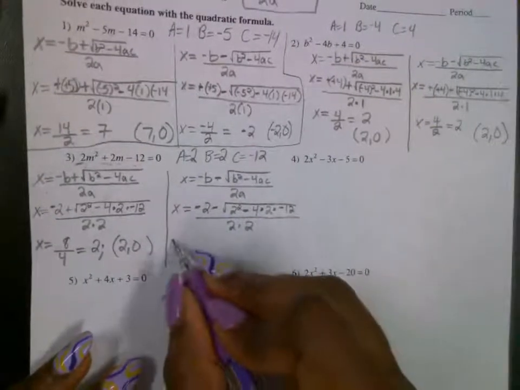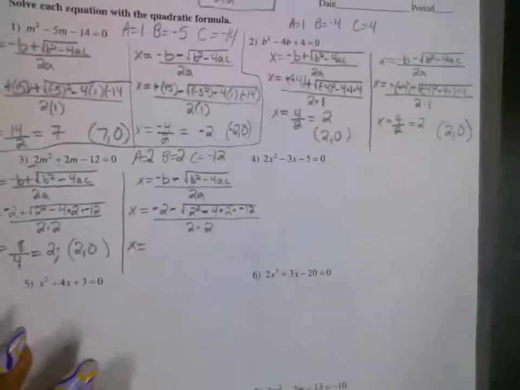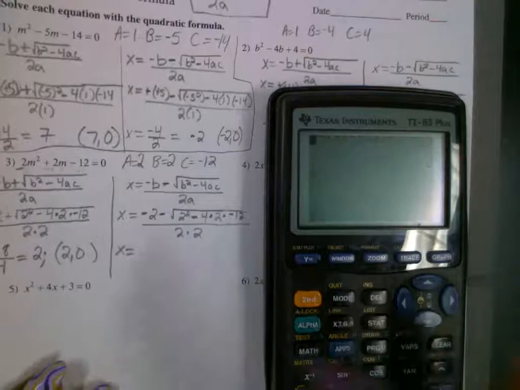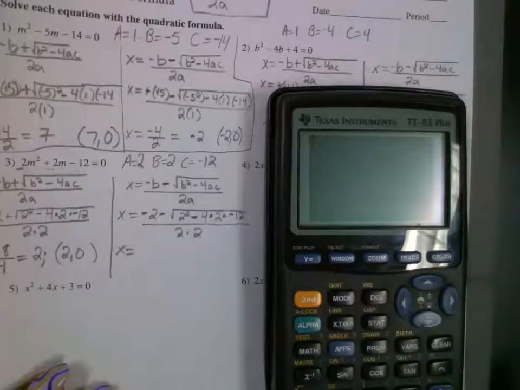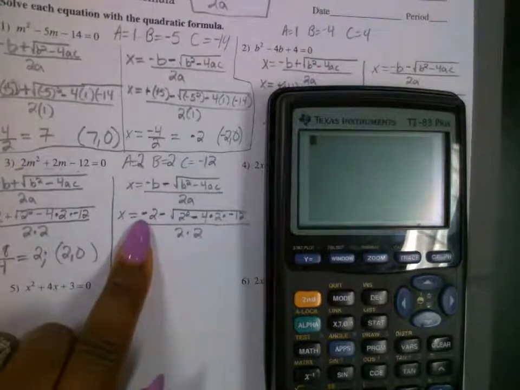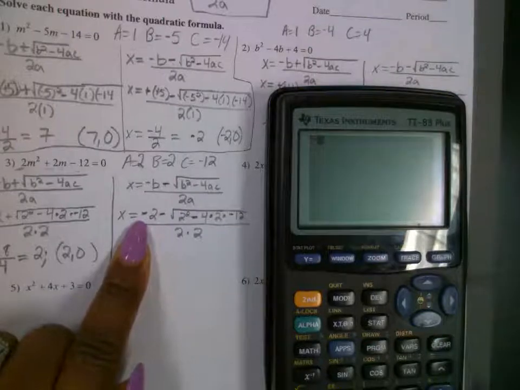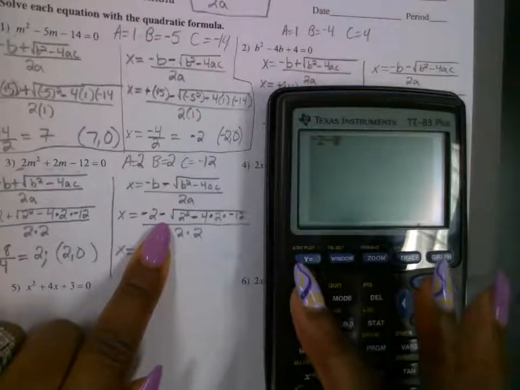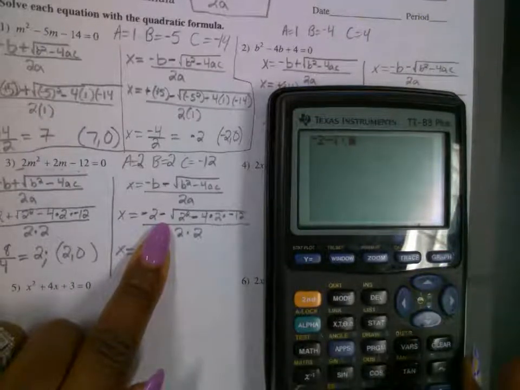So now I'm going to use my calculator to simplify. All right, super important because this is a lot of order of operations, it could save you a lot of trouble, okay? So you type in negative 2 minus, make sure you use minus, square root, that's second x squared. Are you okay?